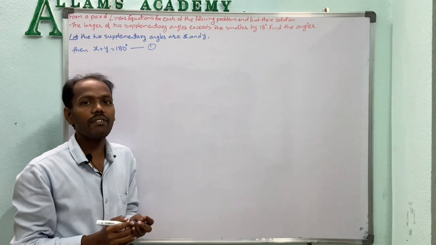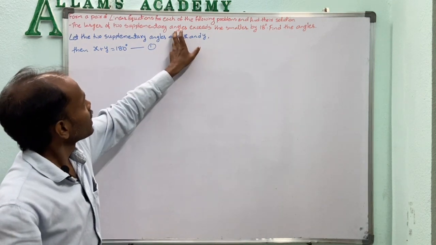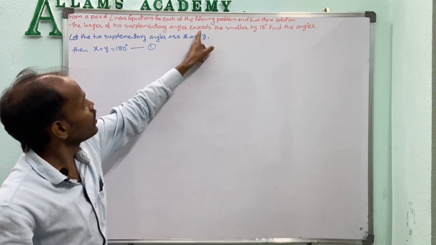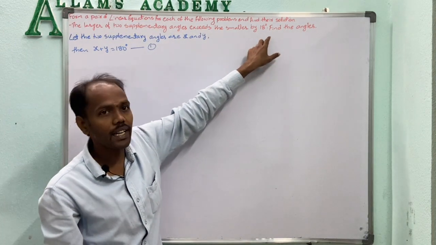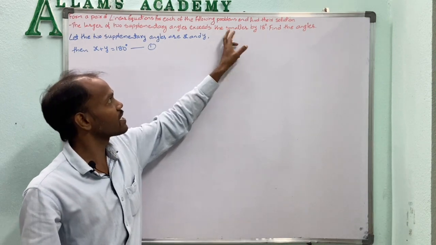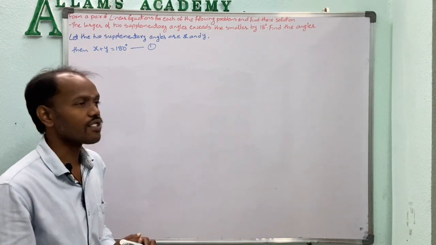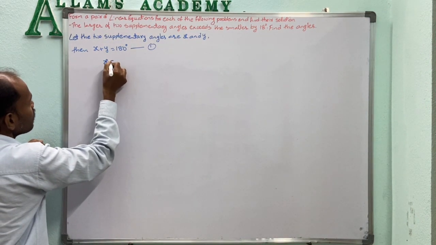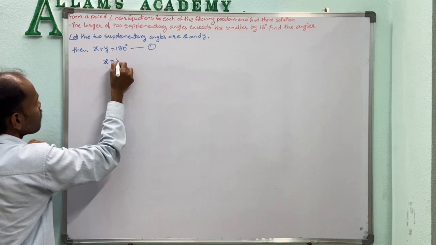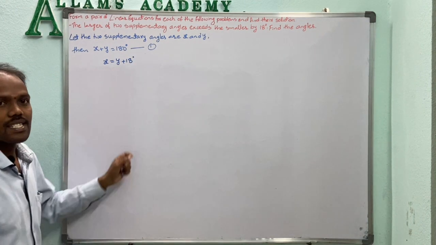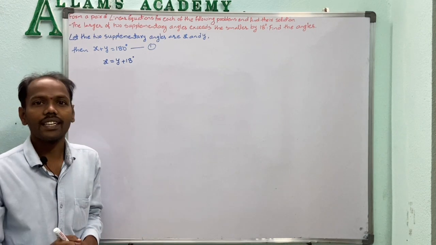And here another condition is given: the larger of the two supplementary angles exceeds the smaller by 18 degrees. So one angle exceeds the smaller by 18 degrees, so x equal to y plus 18.